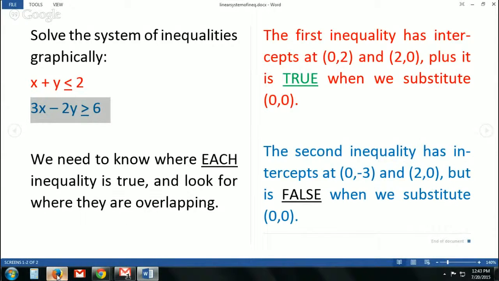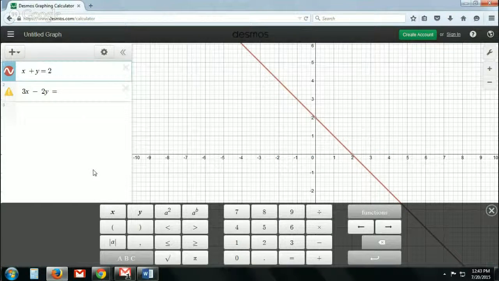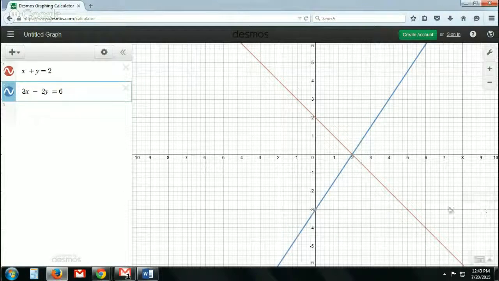So now on our Cartesian plane, let's graph that as if it were just a line and it just said equals. When I put 6 in for our constant value, you can see an x-intercept here at 2 and a y-intercept down at negative 3. So the blue line, that is how the bottom equation looks.